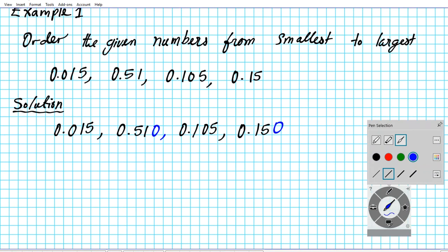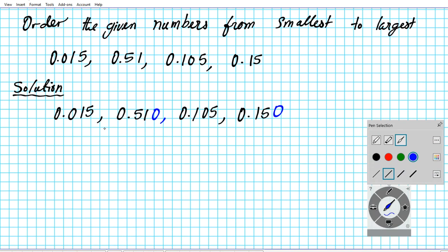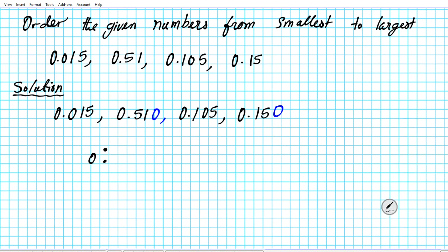Why are we expressing it in this format? Well, when we organize them vertically, if we have everything accounted for, it's easy to compare the magnitude of the different numbers. So let's put our decimal point right here. For the first one, we have 0.015.